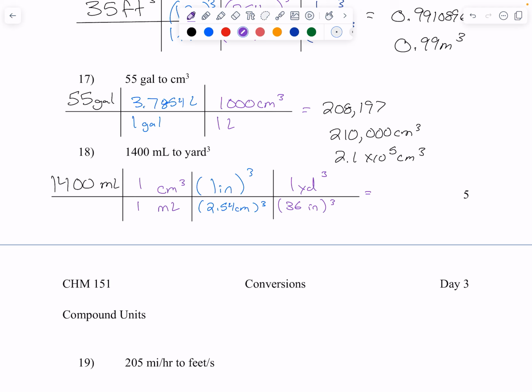And if we do that, I believe it is 0.0018603, which would be 2 sig figs, 0.0019, or 1.9 times 10 to the minus third yard cubed. Hopefully that is correct. I think that's correct. All right.